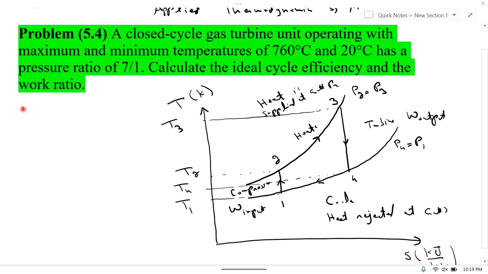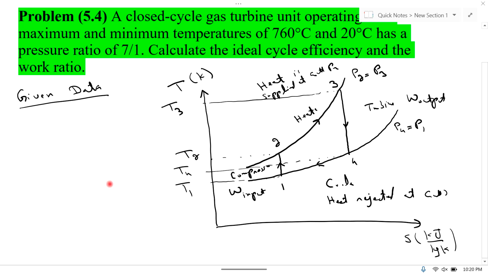Given data: a closed cycle gas turbine unit operating with a maximum and minimum temperature of 760 and 20 degrees centigrade. The maximum temperature is T3, so T3 is equal to 760 degrees centigrade.